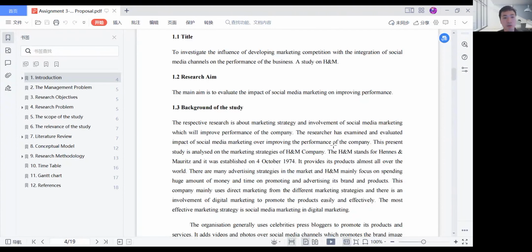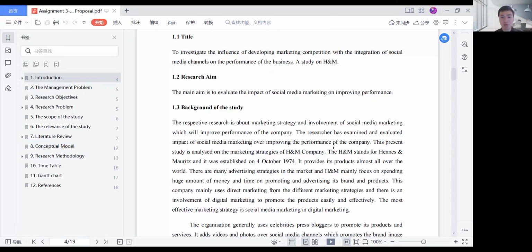1.3 Background of the study. The research is about marketing strategy and the environment of social media marketing, which will improve the performance of the company.